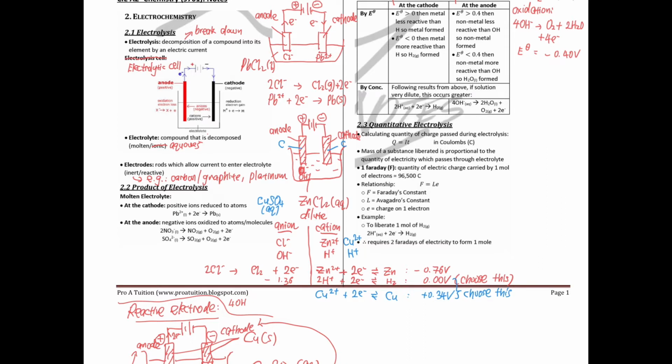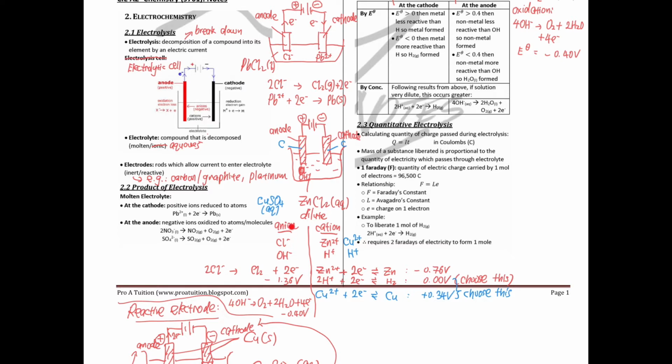So I just put it together. Hydroxide becomes O2, 2H2O plus 4 electrons, and the E theta is negative 0.40 volt. So you can see two situations: chloride, negative 1.36, and hydroxide, after you swap, negative 0.40.